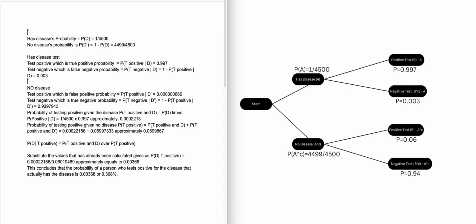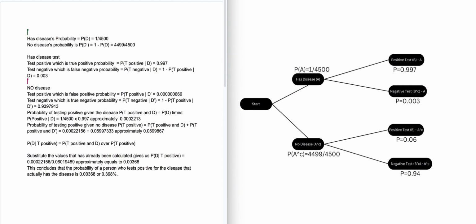0.0002213. Our second endpoint, which is has disease and tests negative, we get that by multiplying the probabilities of those two, which gives us 0.000000666. And for the third endpoint, which would be no disease and test positive, we get 0.0599867.